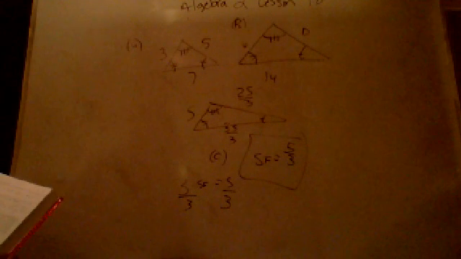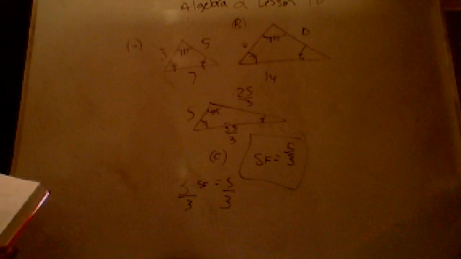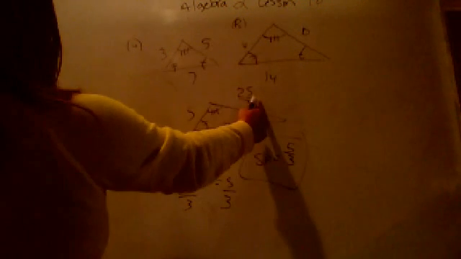Kind of like we did earlier with the transversal line cutting 3 parallel lines. We said there's a scale factor, and they're proportional. Same thing here. So if we take 5/3 times this, we get that. 5/3 times that, we get that. So that's a scale factor.